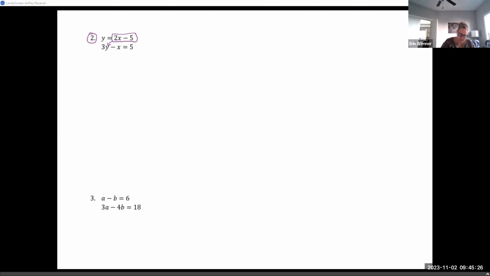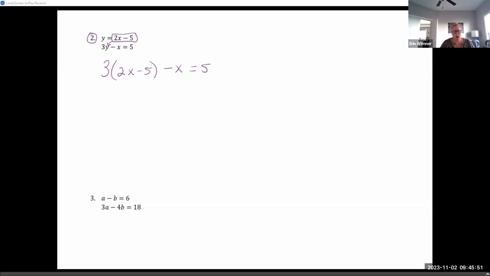So plugging it in, I'm going to have 3 times 2x minus 5, because I'm replacing y with that stuff, but we're not dropping the 3 in front of the y. So when we plug it in, we've got 3, and then 2x minus 5 takes the place of y, and then minus x still equals 5.